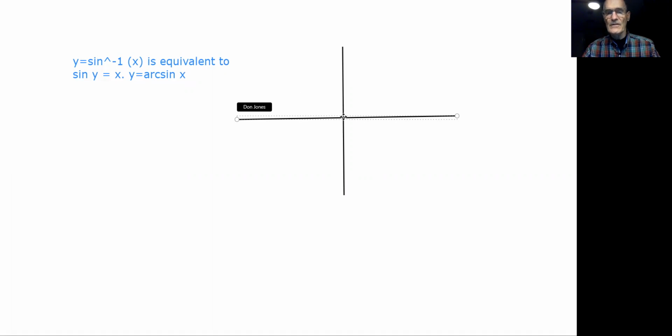Remember, the sine x function has a point here at 0, 0. And over here it has a point which is pi and 0, since sine of pi is 0. So we have 0, 0, pi and 0, and then 2 pi and 0.